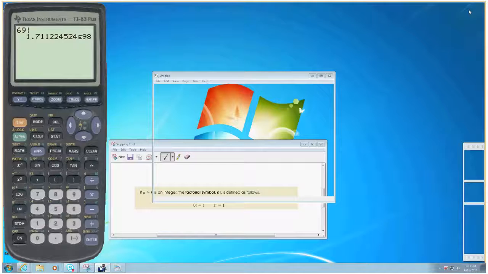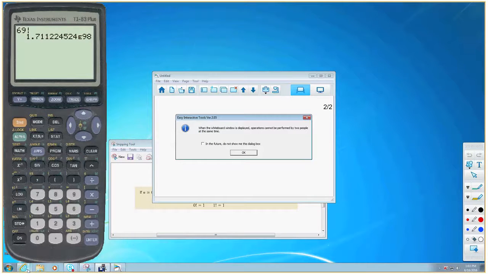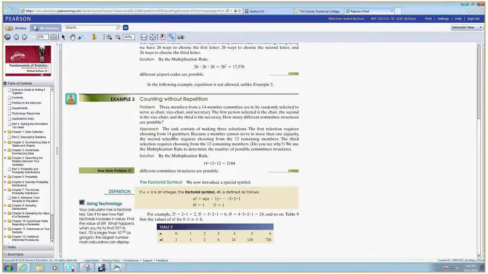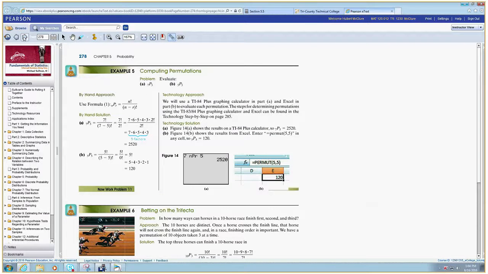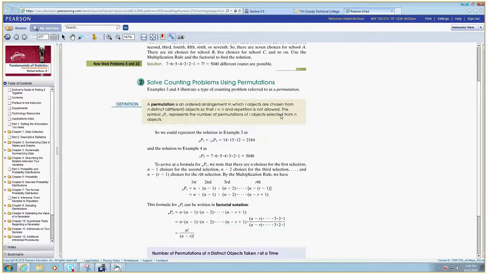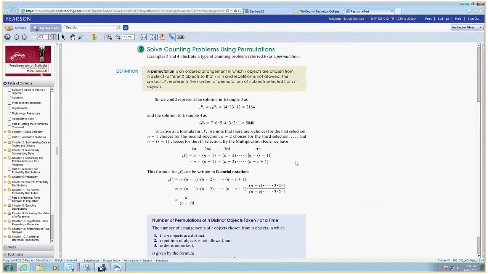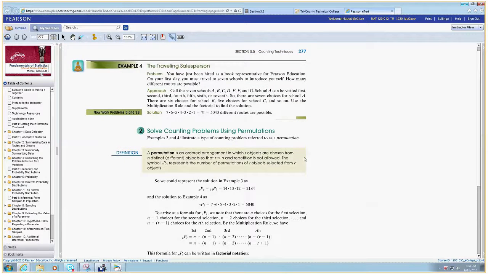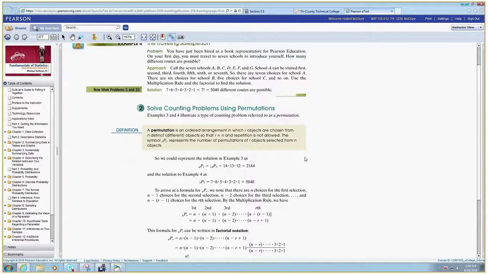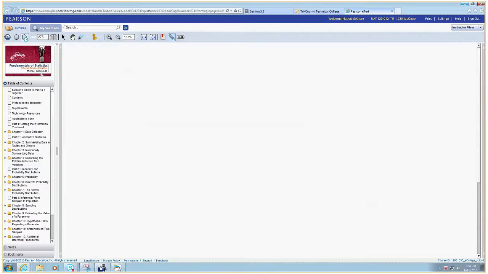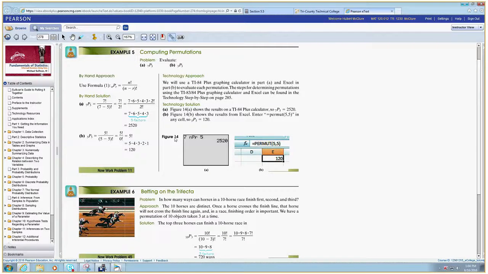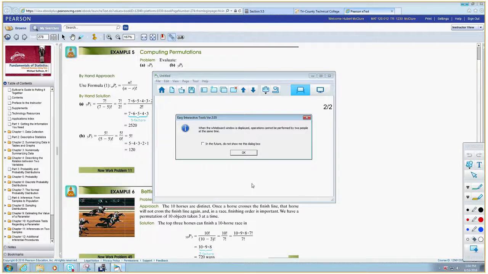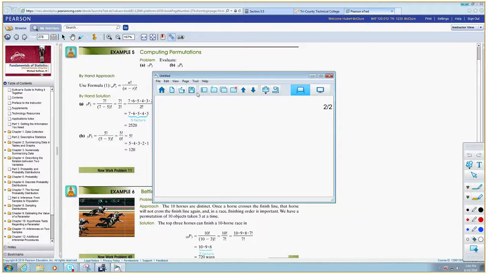Well, let me find a problem for you right quick. Let me go to the handy dandy e-text and let me find a... Okay, computing, there's one right there. But I don't want that. I want you to see what the question is going to ask. It's not that one. Must be on the next page. Okay, here we go. They're doing permutation first, so we'll do a permutation.